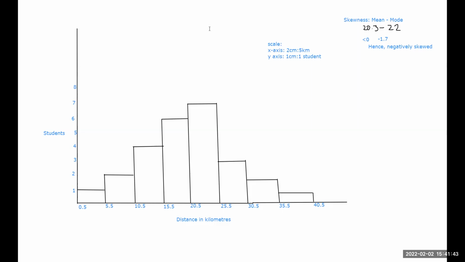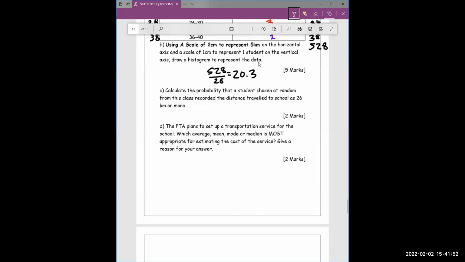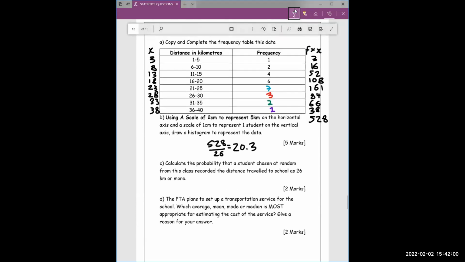All right, so go back to the question now and see what else they ask after that. So they say calculate the probability that a student chosen at random from the class recorded the distance to be 26 or more.